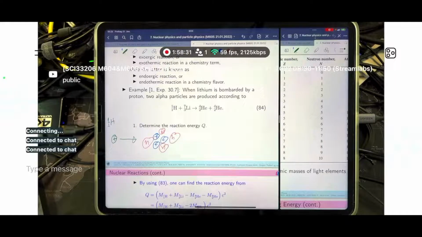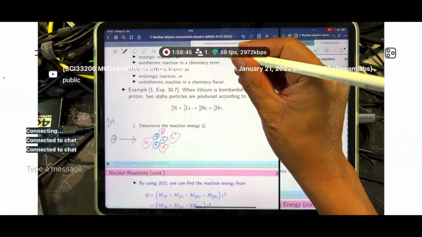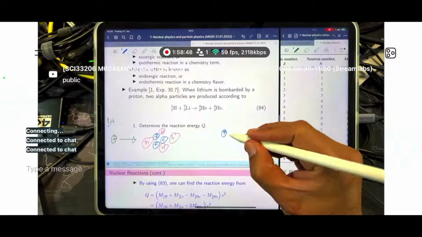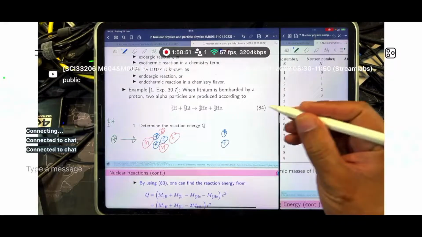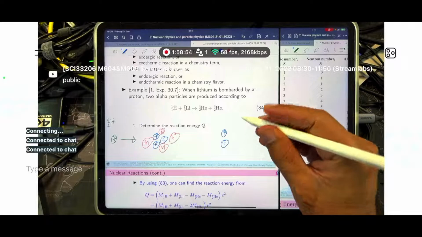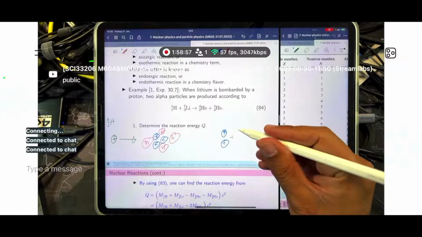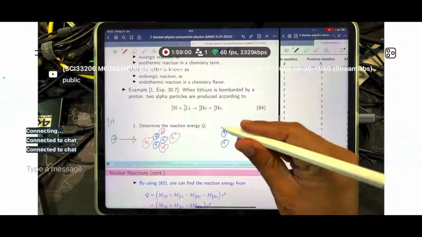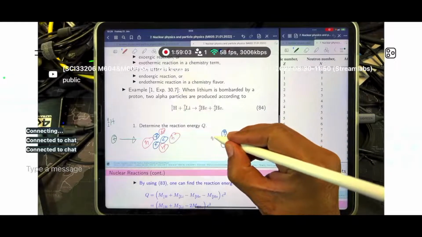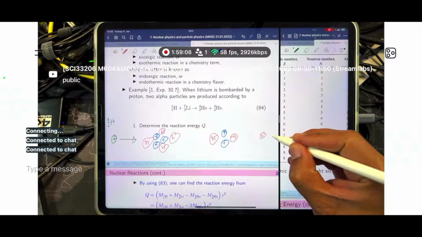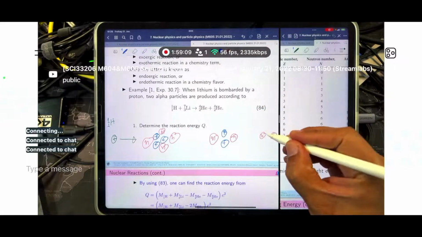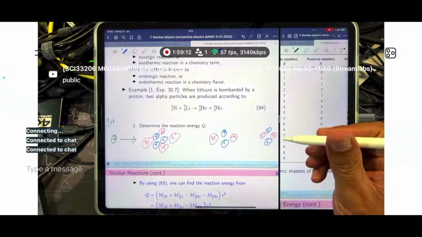The process appears to be like this. You get 2 protons and 2 neutrons. Oh, sorry, you get 2 neutrons and 2 protons here.